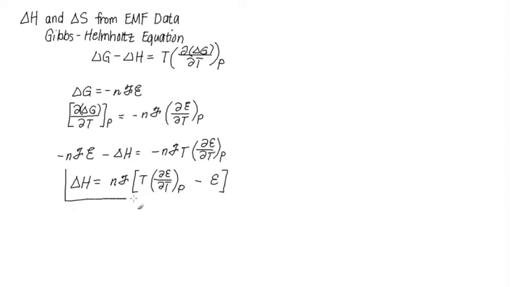So this equation allows us to evaluate the change in enthalpy if we have the measured electromotive force, or EMF, and the temperature coefficient of EMF. So this one is called the temperature coefficient.